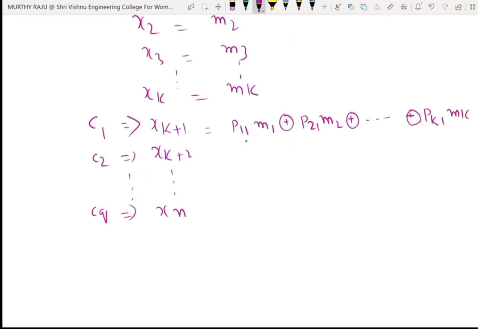C1 is formed by a linear combination of these message bits, with parity coefficients added. That means C1 is equal to P11 M1 exclusive-OR P21 M2 exclusive-OR and so on up to Pk1 Mk. And C2 is another parity check bit, formed by P12 M1, P22 M2, and so on up to Pk2 Mk. And finally, the last one.